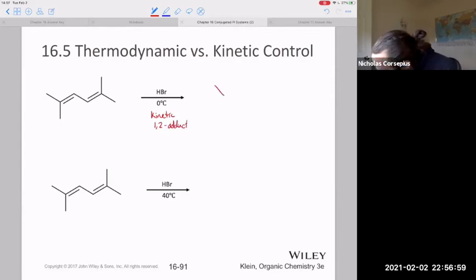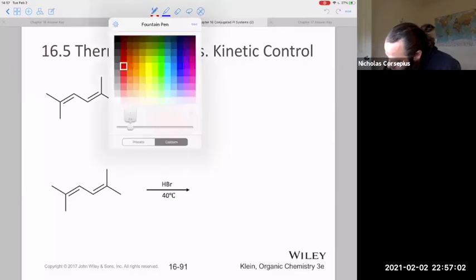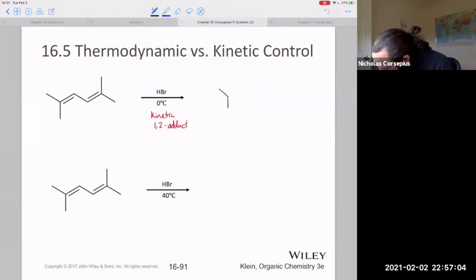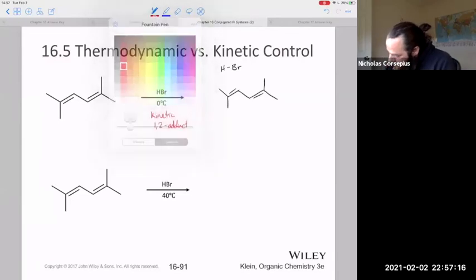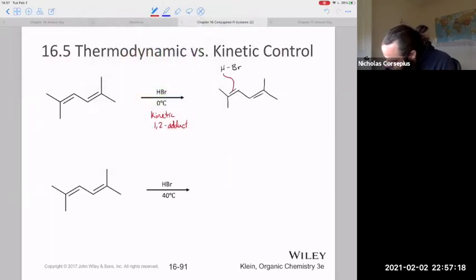Okay, so let me actually get black. So starting out with my alkene here, we have addition to our double bond. That double bond acts as a nucleophile, grabs that hydrogen.